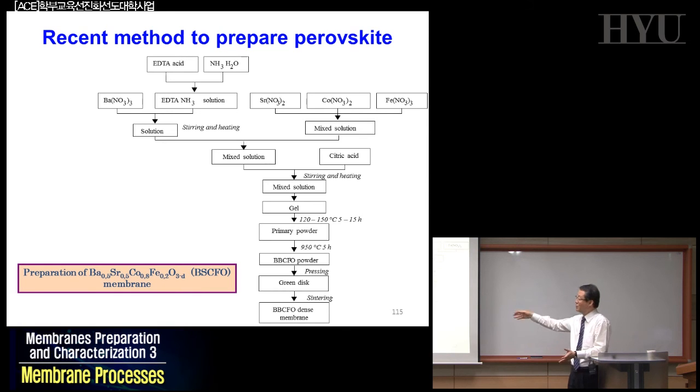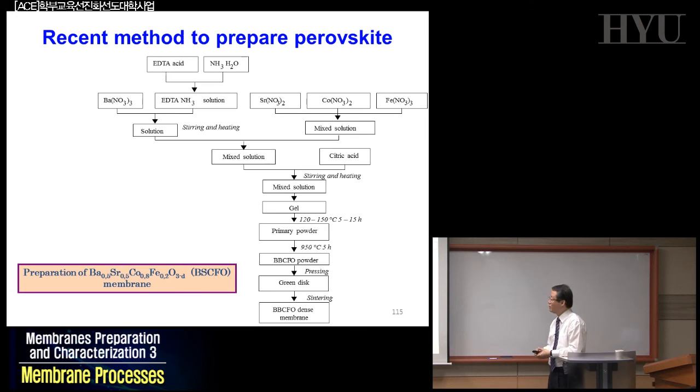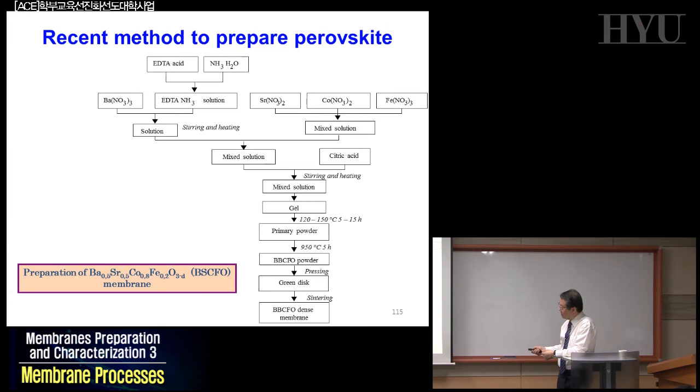In that case, I'm dealing with perovskites, and out of 360 per year, I'm handling at least around 20 manuscripts on different compositions of perovskites. So you see, there are a lot of studies going on in this area. By changing a little bit of some other components, you have different perovskite membranes. And this is just one of the examples, which was published in 2011.